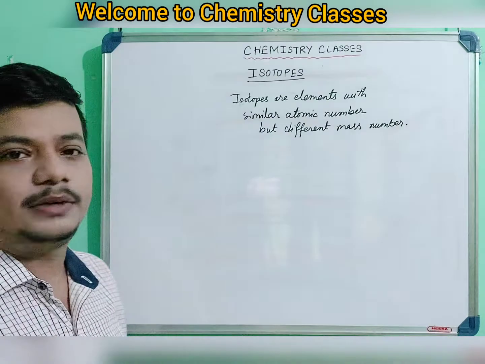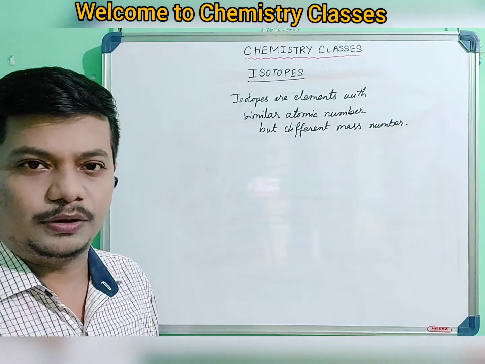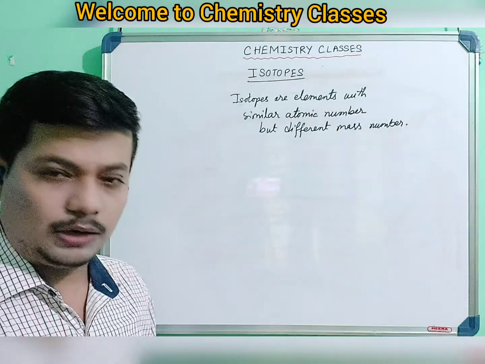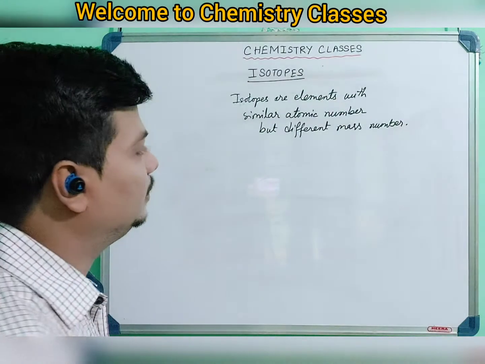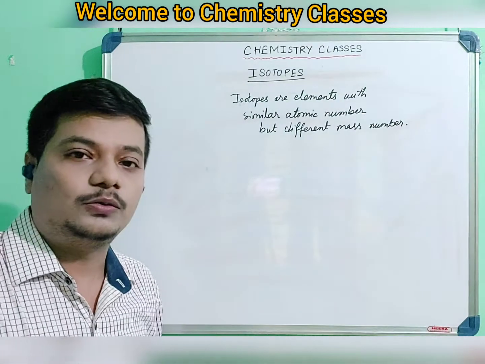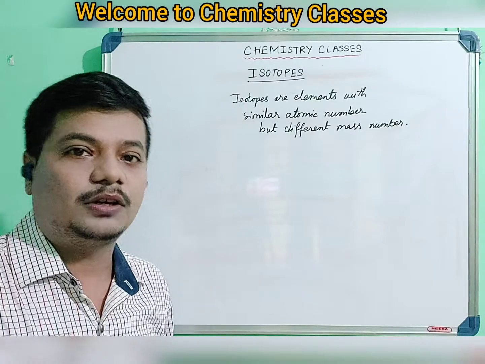Isotopes are elements with similar atomic number but different mass number. Now you must be wondering how that is possible. Yes, it is possible. There are certain elements that are found which have similar atomic number but different mass number.